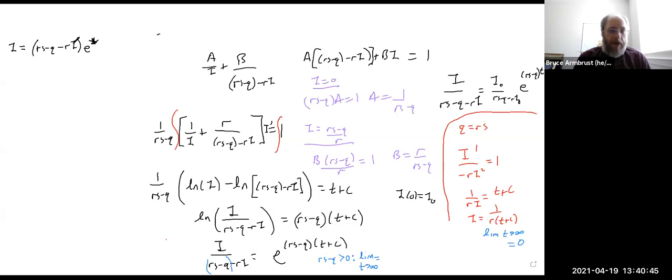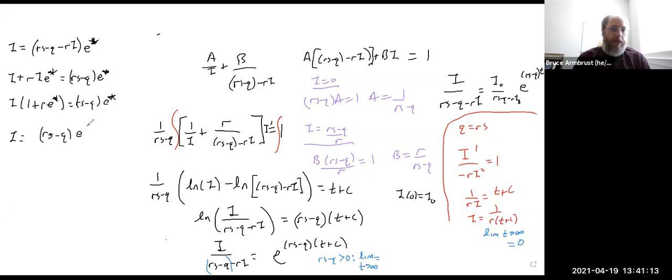So I need to distribute and then move that RI piece over here. So I get I plus RI e to the stuff equals RS minus Q times e to the stuff. Factoring out the I, which then gives me I equals RS minus Q times e to the stuff divided by 1 plus R e to the stuff.